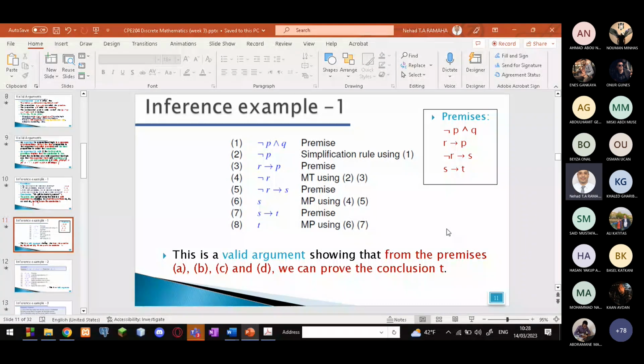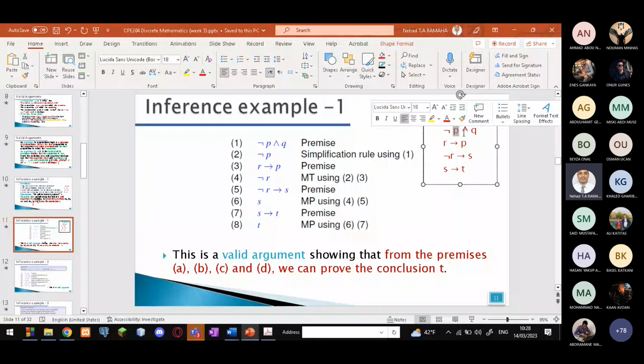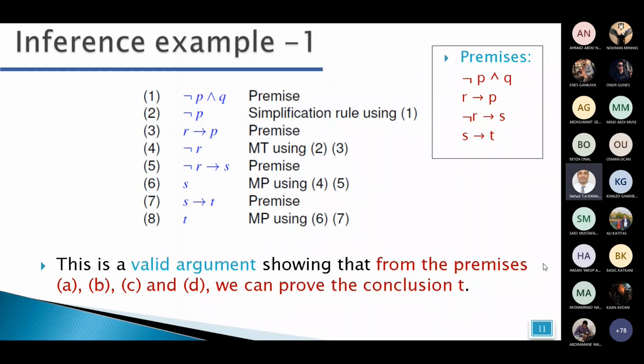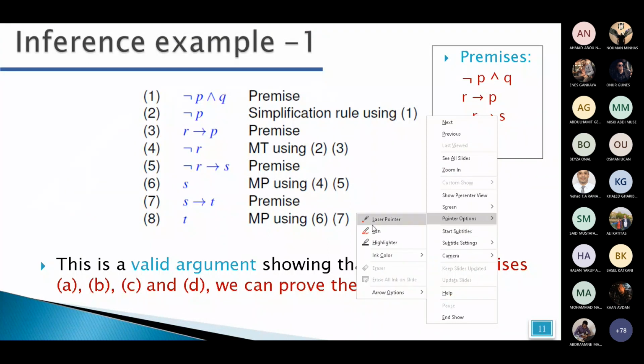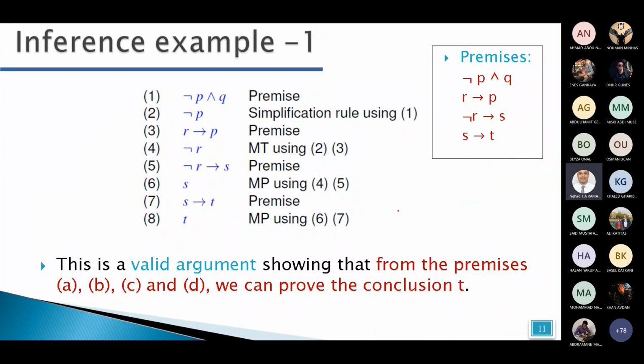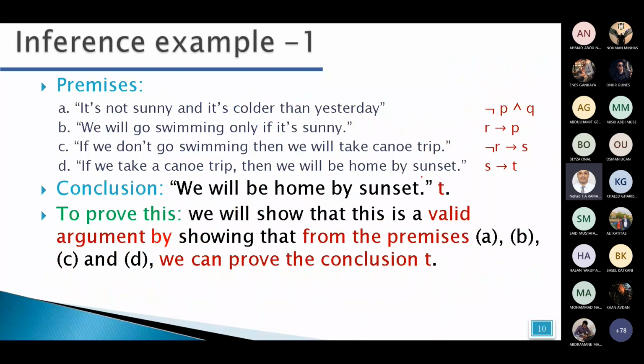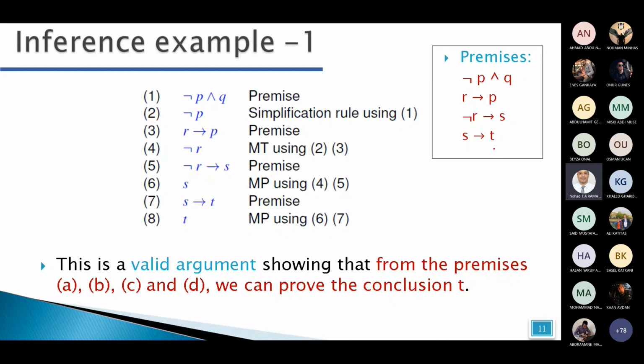As you can see, from the first premise, we just copy this premise from here. We need to get the conclusion, which is T. From these premises, we need to get the conclusion T.